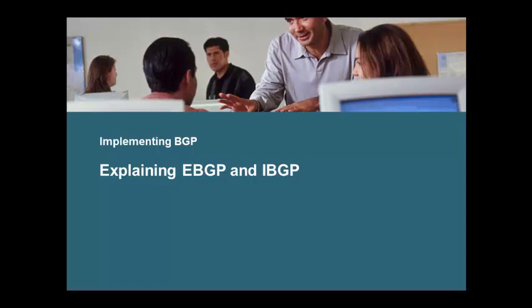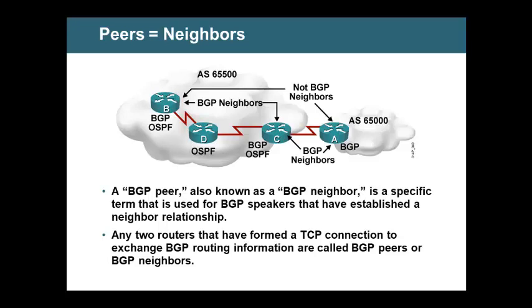All right. So what is a BGP peer? If two routers can negotiate and form neighborship, if two routers can establish a TCP/IP three-way handshake session, we call them BGP peers or BGP neighbors.